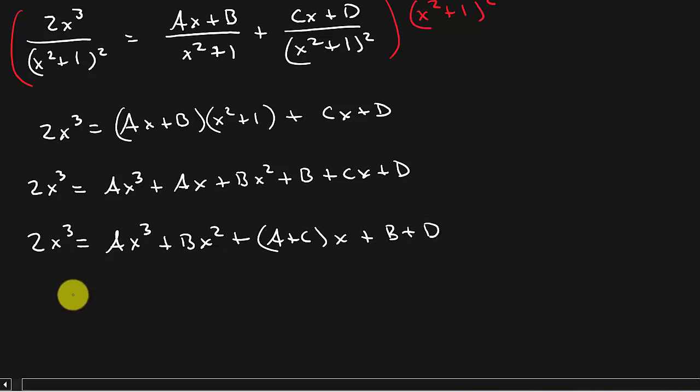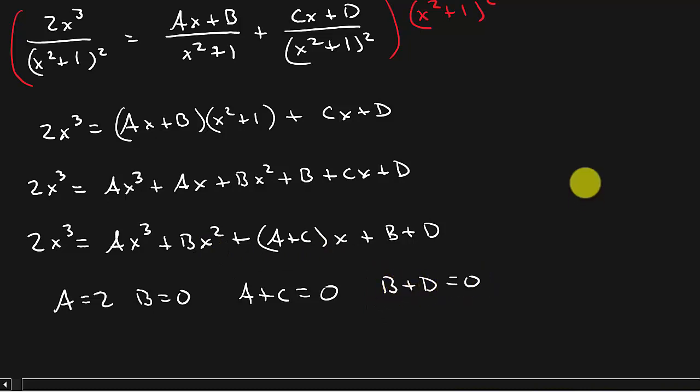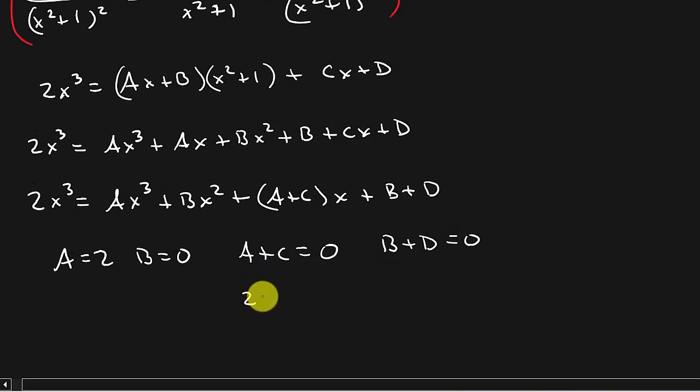And so I get a is equal to 2. Oh, look at that. b is 0. a plus c is 0 because I have no x term. I have no x squared term. And b plus d has to equal 0. And so if I plug the 2 in, 2 plus c equals 0. c equals negative 2. And then if b is 0, then that gives me d is 0.